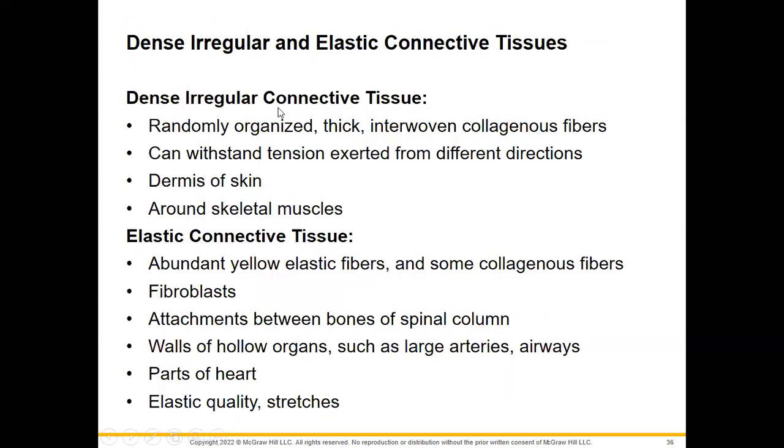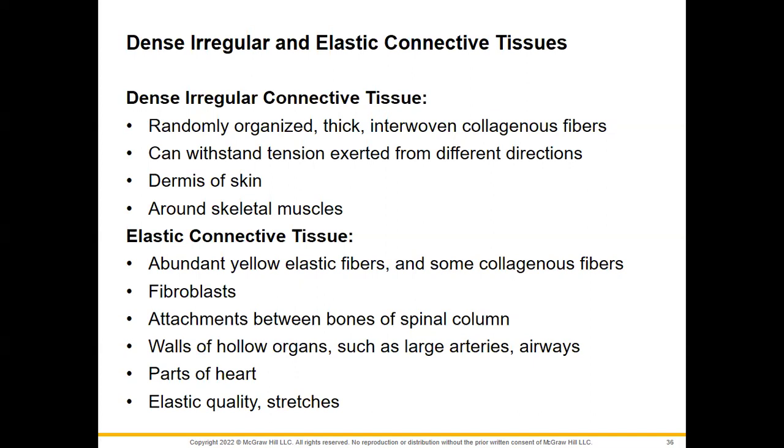In this dense irregular connective tissue, because these are more randomly organized, you'll have more strength to withstand tension from different directions. So the dermis of the skin will have this. If you were to take the skin and stretch it in different directions, it will be able to withstand that.